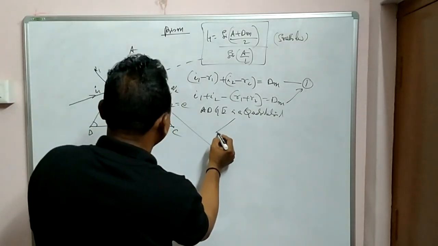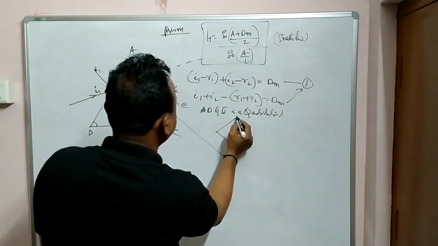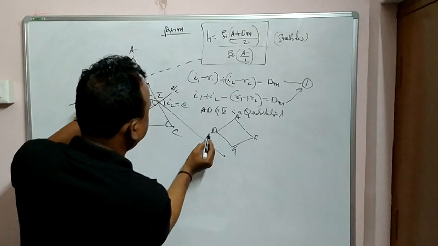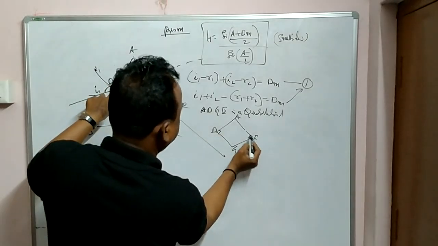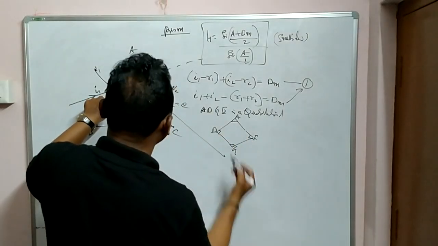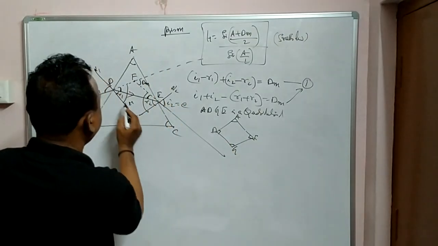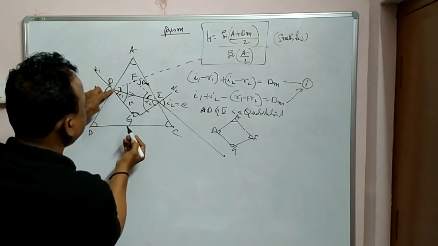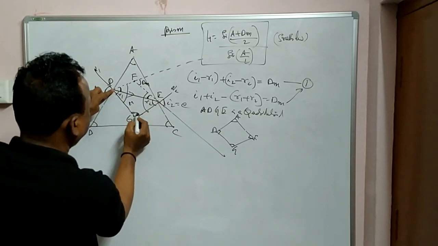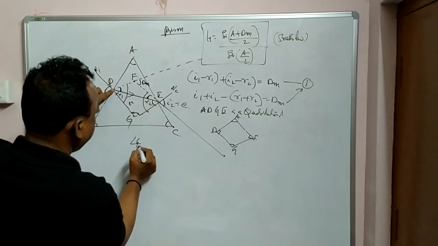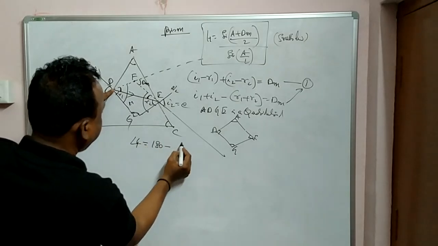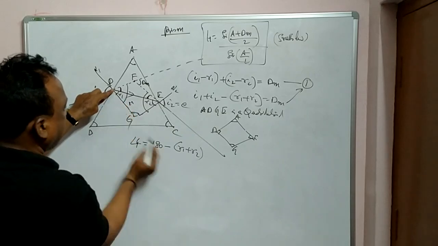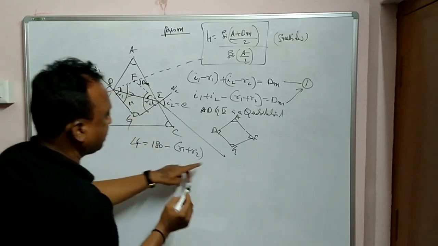Angle D is 90 degrees, E also 90, and these two angles you can calculate. This triangle we can already calculate, this is R1 and this is R2. So angle G is 180 minus (R1 plus R2), that is just geometry.